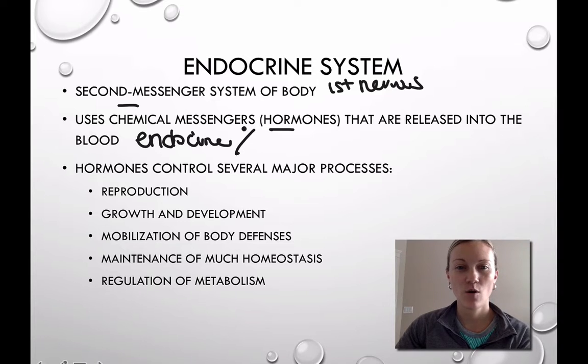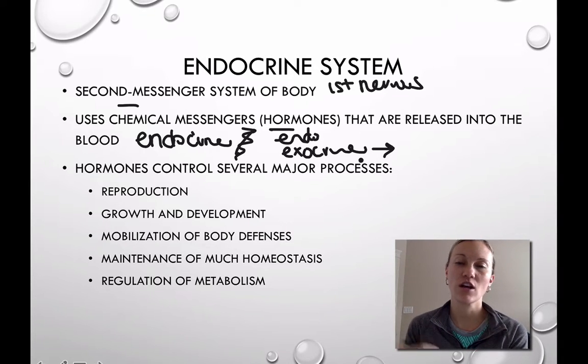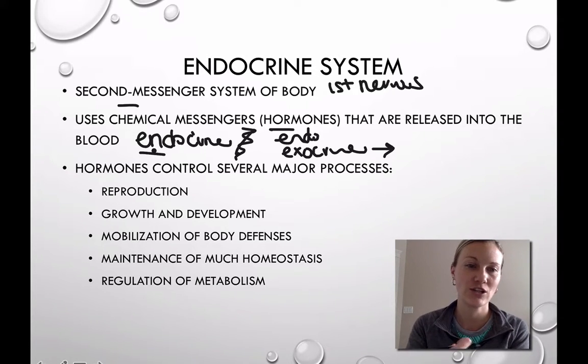Remember, hopefully you've gone through the integumentary system, and we talked about the difference between endocrine and exocrine glands. Exocrine glands are ones where the contents are excreted through your body surface, maybe in the form of your pores or things like that. Those are exocrine. So endocrine means that we're now putting these hormones into the bloodstream.